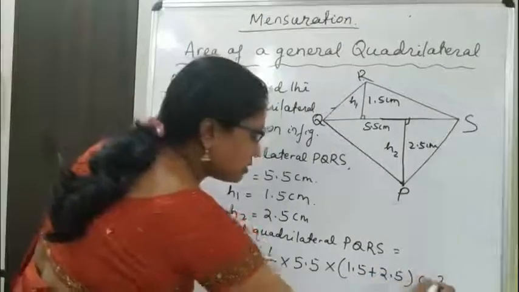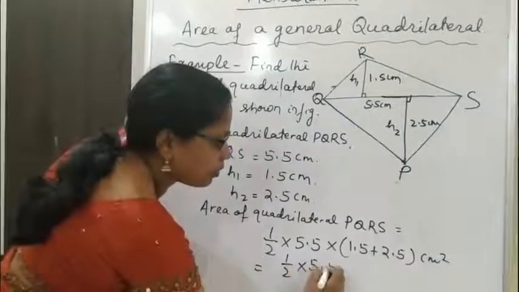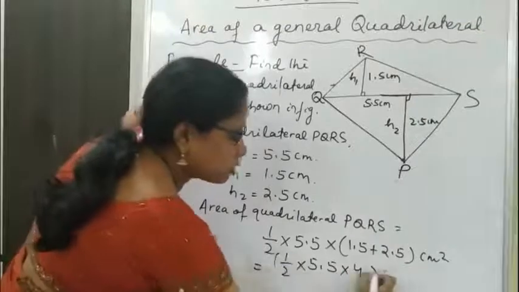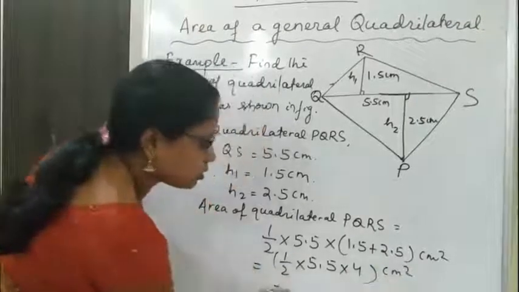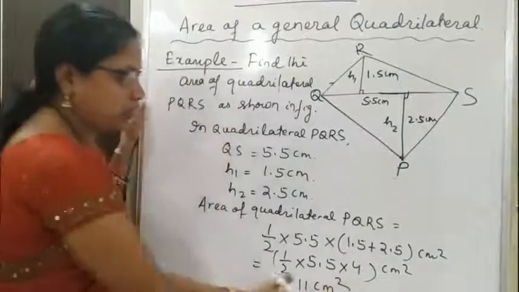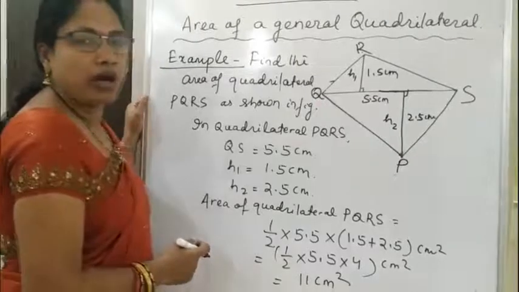That is centimeter square. So this is equal to half multiplied with 5.5 multiplied with 4, centimeter square. So this is equal to 11 centimeter square. So this is the area of this quadrilateral PQRS.